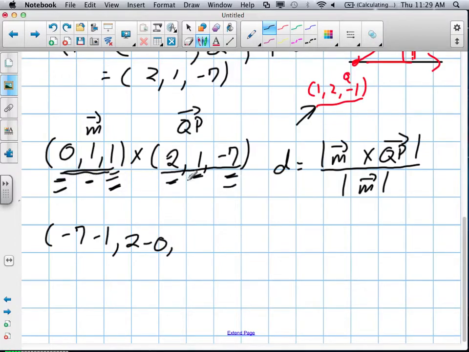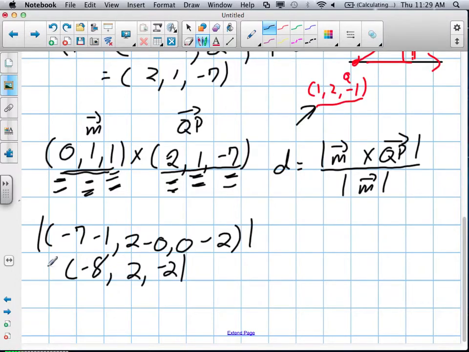And A1 times B2, which is 0, subtract A2 times B1, which is 2. So this gives us our coordinate, negative 8, 2, and negative 2.